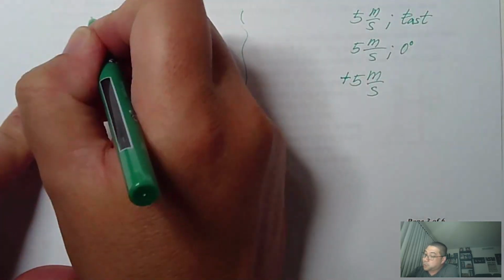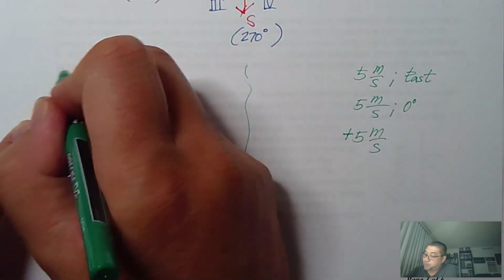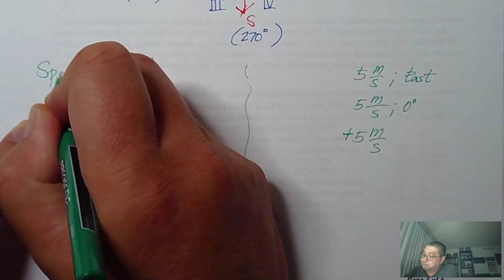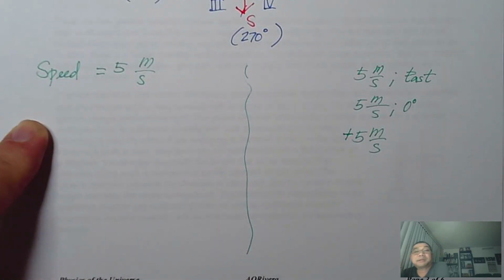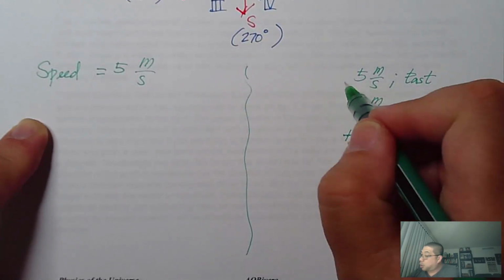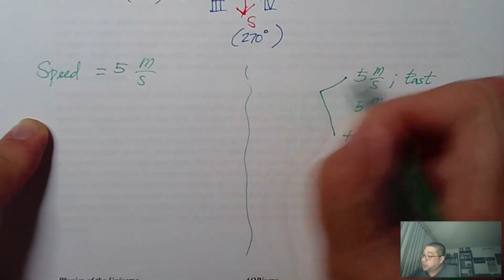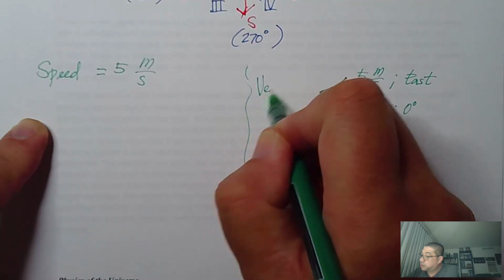Okay, so 5 meters per second, this is usually called what? This is your speed, because direction does not matter. When direction does not matter, it's called the speed, so that's a scalar. Now, all these three is what we call velocity.